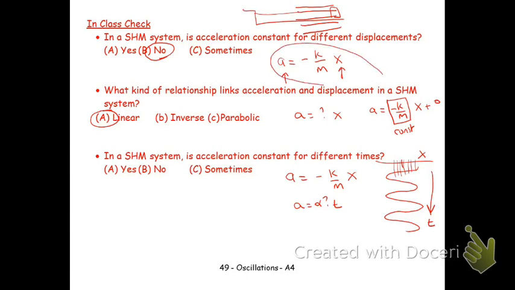And I have different x's at different times, yeah? So my acceleration is not constant in time. It's got to change. If my position changes in time, if my acceleration changes with position, and my position changes in time, then my acceleration must change in time.